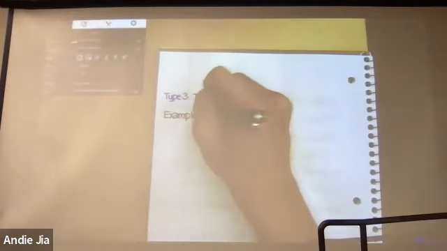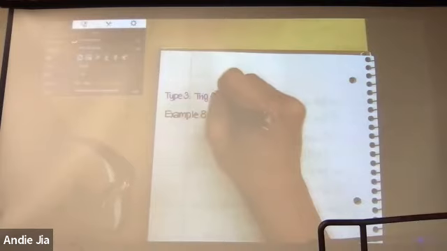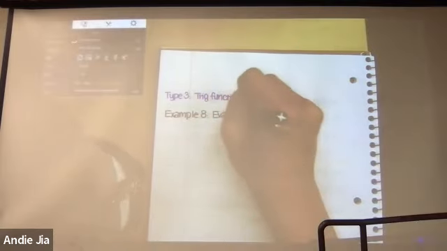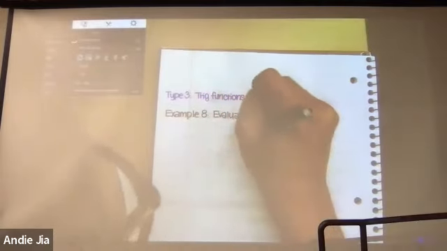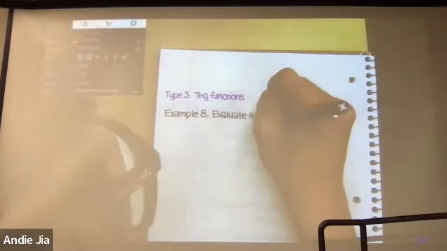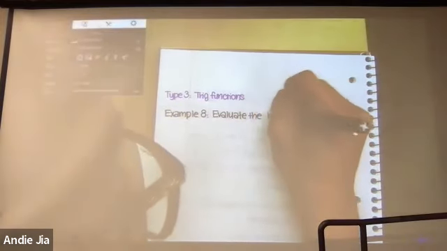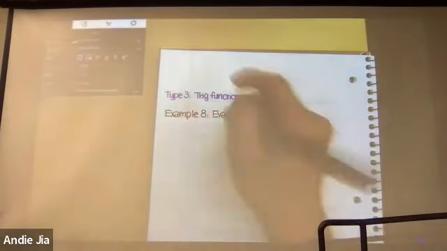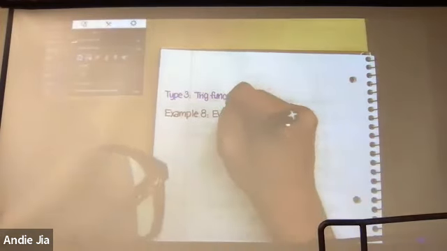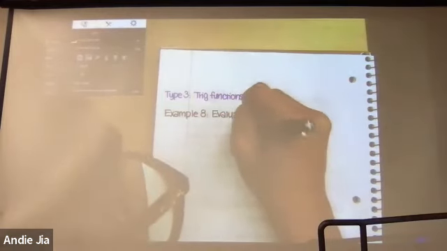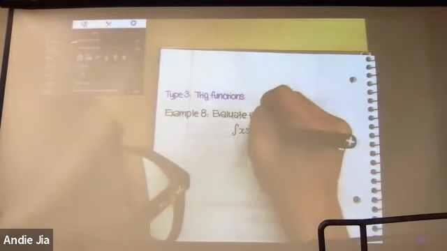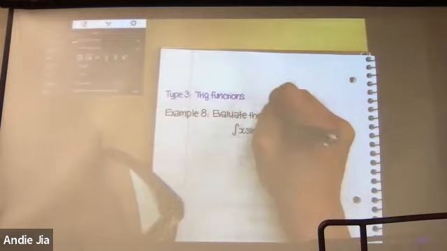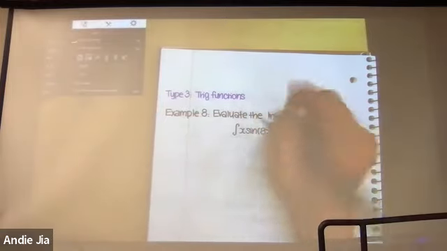Evaluate the integral of x sine of 8x dx.